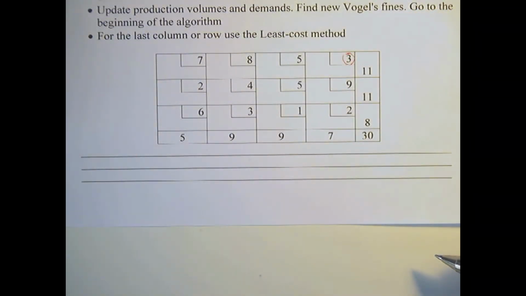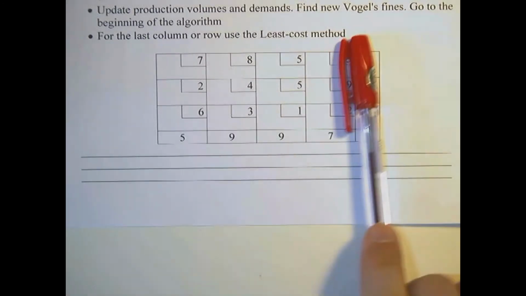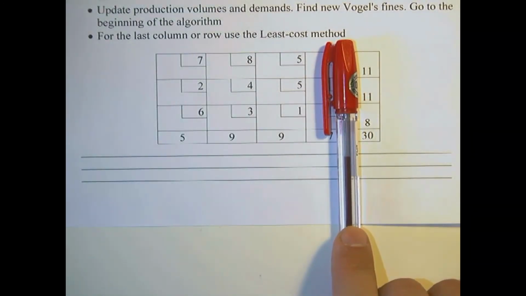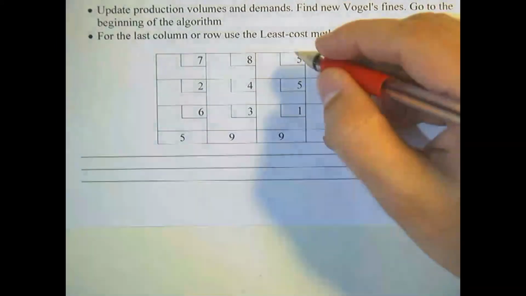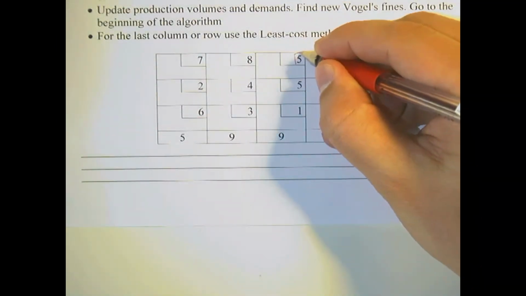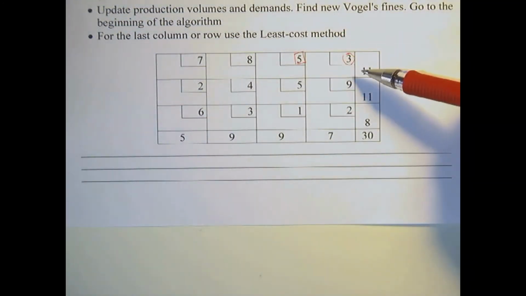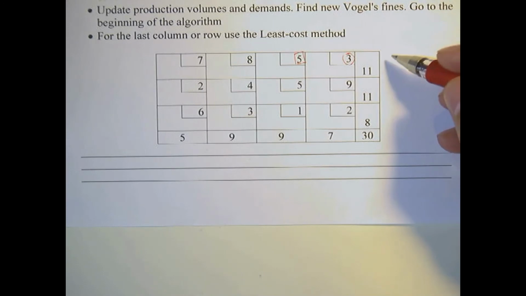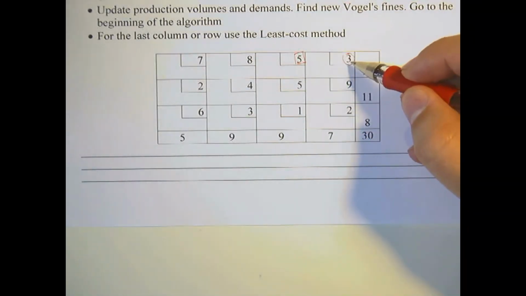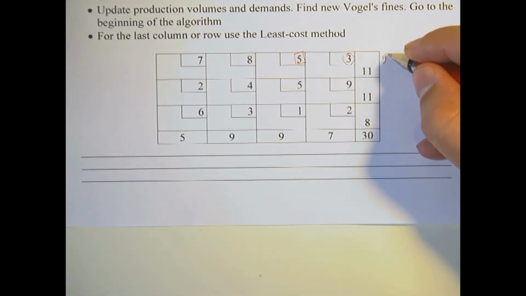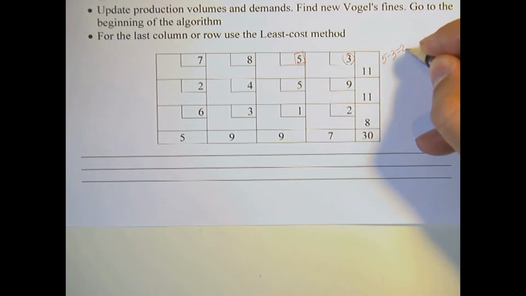Then we need to find the next minimum cost, so when we hide this column, what is the minimum cost in the first row? Obviously, this is 5. It means that Vogel's fine for the first row is 5 minus 3, which is 2.